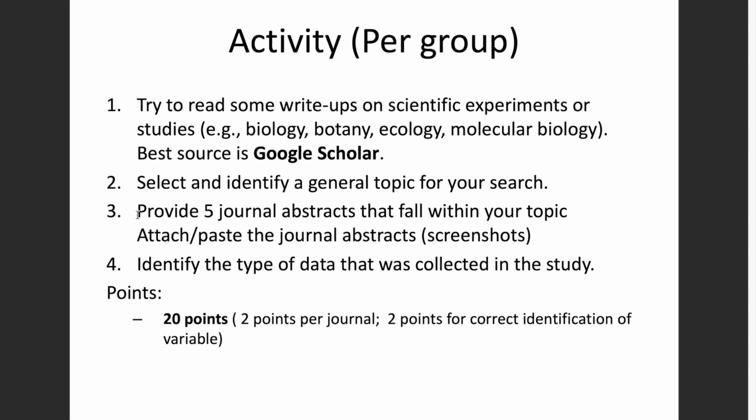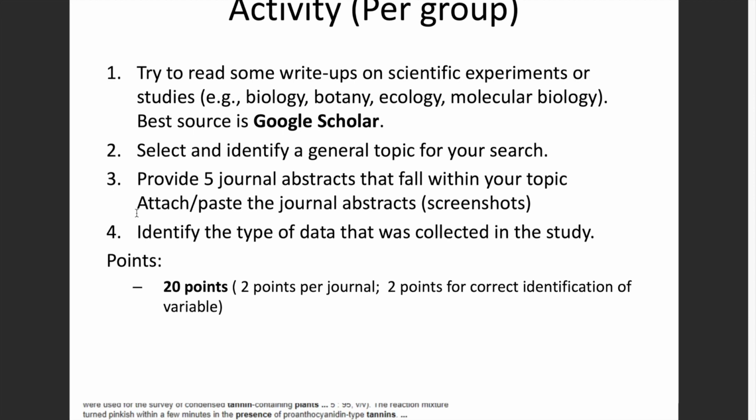So per group, provide 5 journal abstracts that fall within your topic and paste those journal abstracts, screenshots, in a Word document, and you can identify the type of data that was collected in that study.